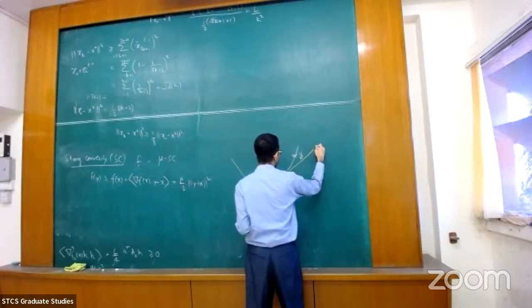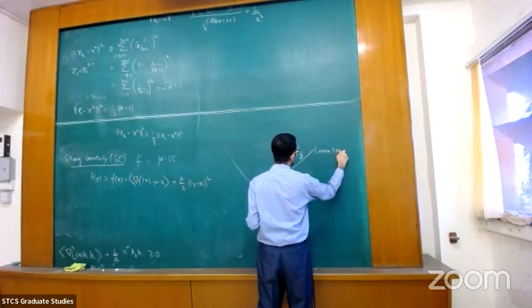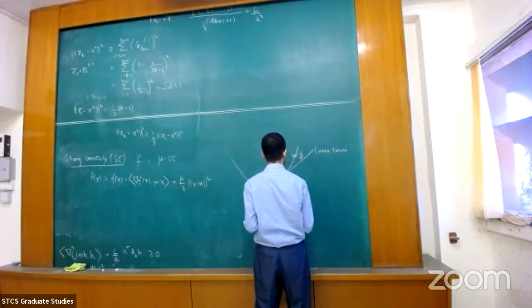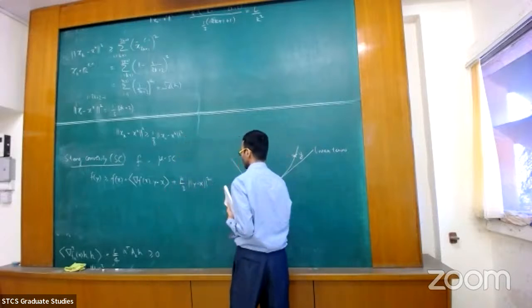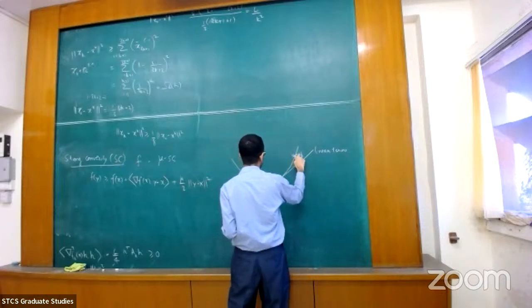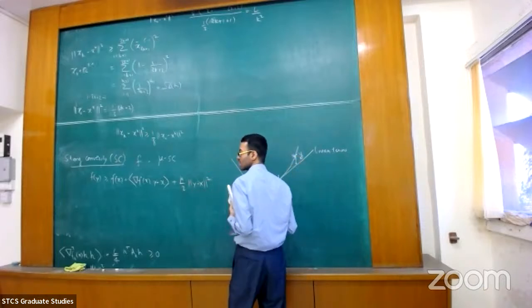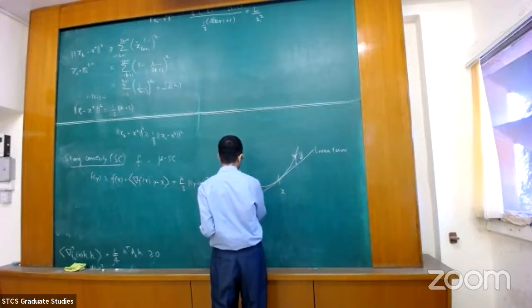With strong convexity, there is actually a quadratic which gives you this additional term, so it is higher.